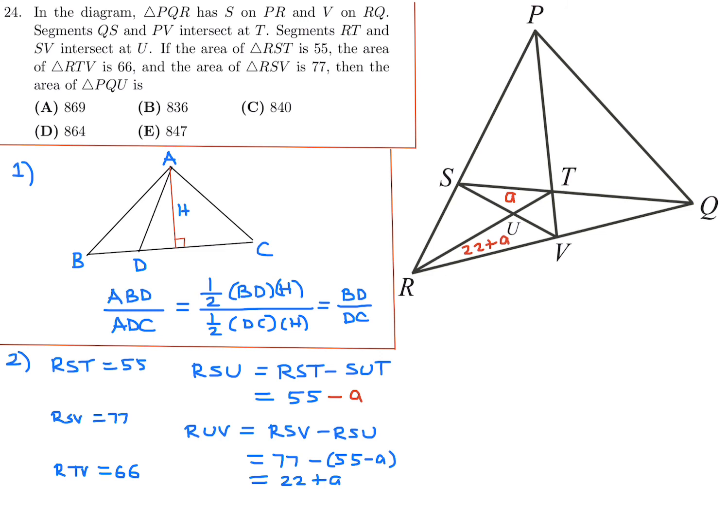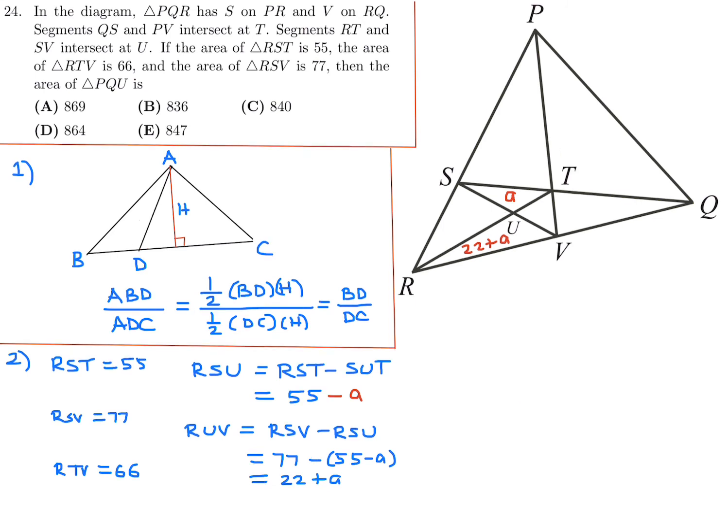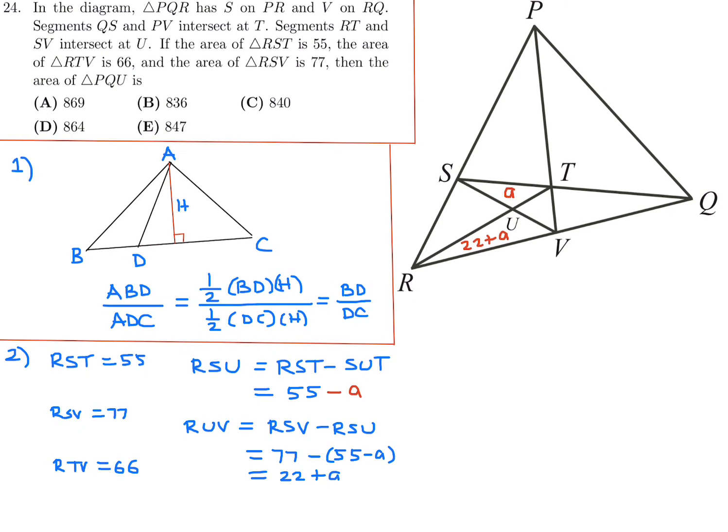All right. And in a very similar way, we continue. We have RTV. We want to use that. So that's probably going to be used with TUV. TUV, this one, which is essentially RTV minus RUV, like that.